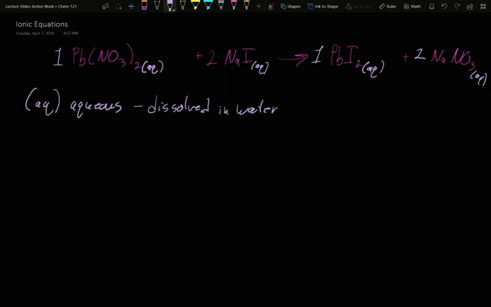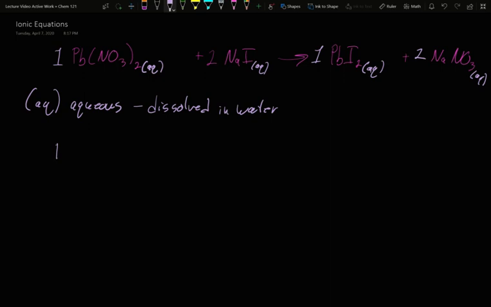Water is very good at dissolving ionic compounds. Not all ions, and we'll talk about which ones are easy to dissolve and which ones aren't. But many ionic compounds dissolve very nicely in water. This is why sea salt, like the ocean, is salty. Sodium chloride dissolves really nicely in it. Lead nitrate dissolves really nicely as well.